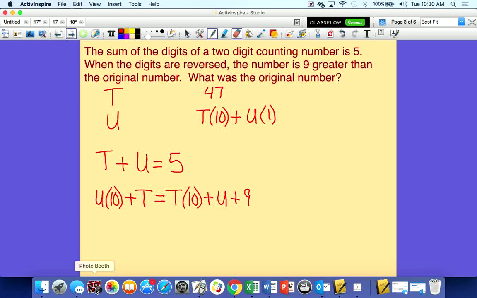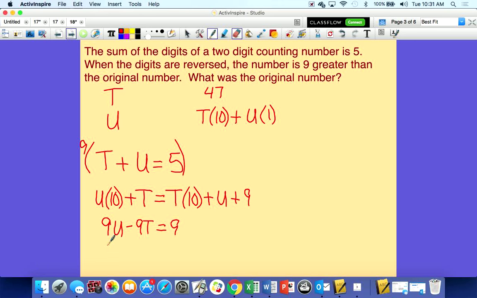We could simplify this equation down. We can subtract the u over, so this is 10u minus u, so we've got 9u. We move this over, we've got negative 9t equals 9, and then we've got t plus u equals 5. Well, we could multiply by 9 here, and then do elimination.